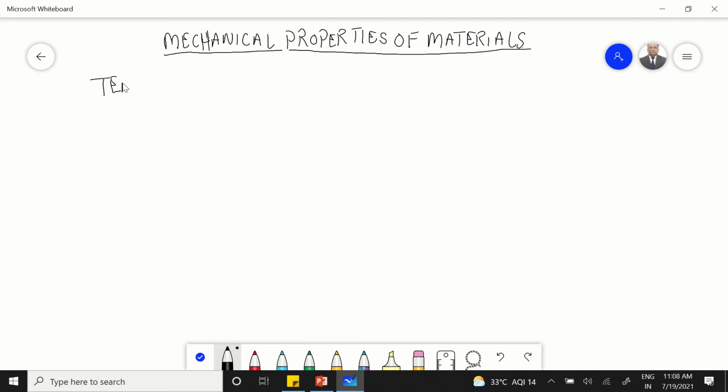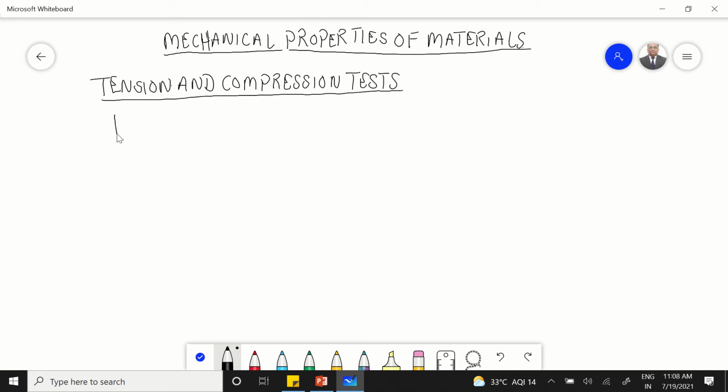We will just start this lecture with the concept of the tensile or tension test, and we will see what are the various mechanical properties that can be obtained for different types of material using these tests.